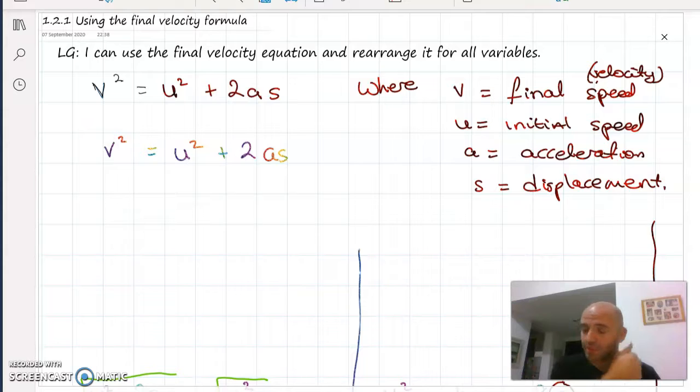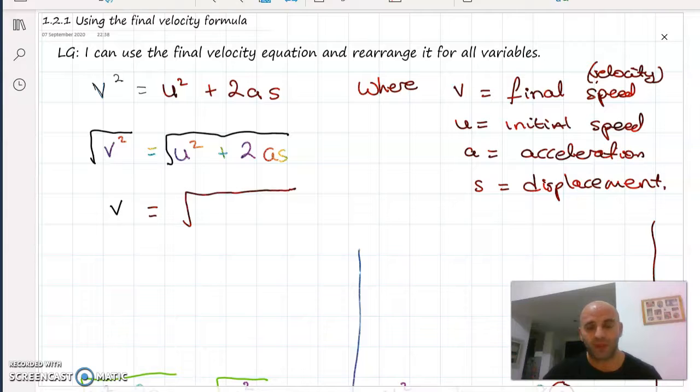It's the opposite mathematical operation, just like multiplication and division are opposites to one another. Squares and square roots are opposite to one another. So what I do is I get the square root of that side, but if I'm going to get the square root of that side, then I have to get the square root of the other side as well, just to maintain balance. And that's basically it done.